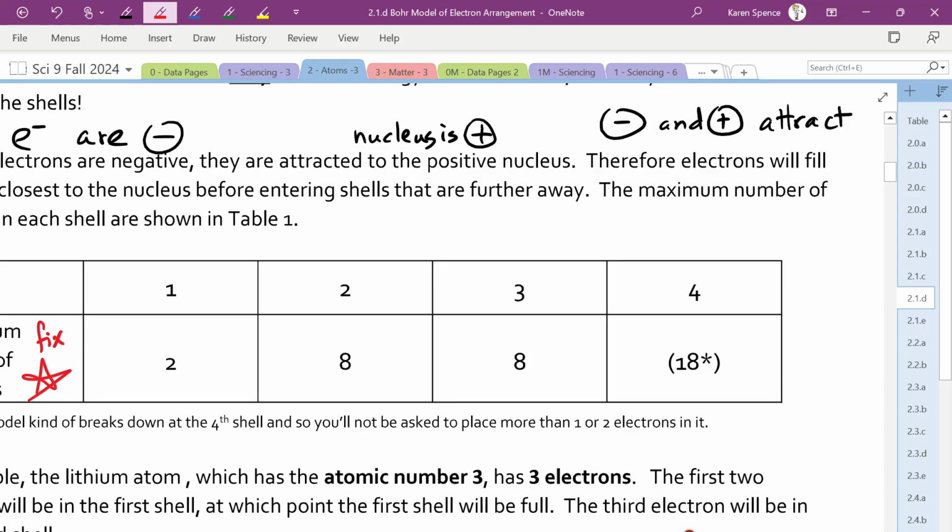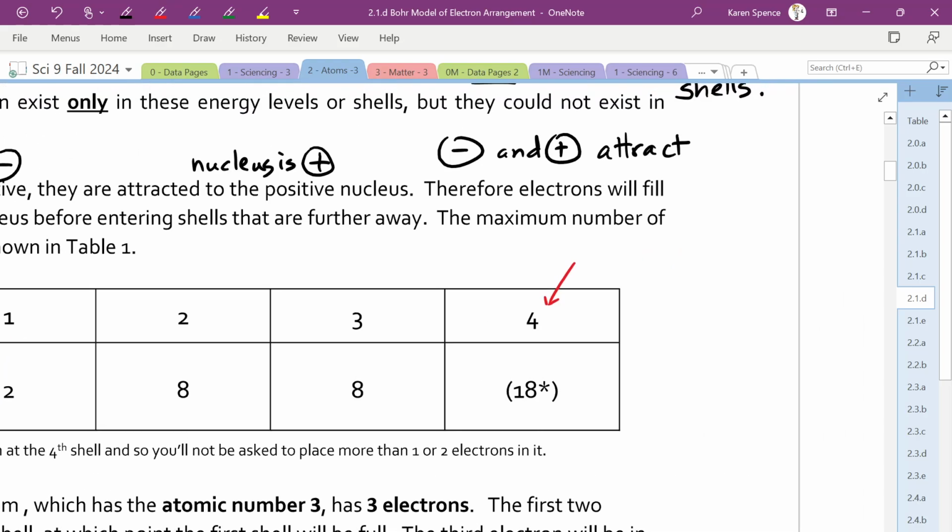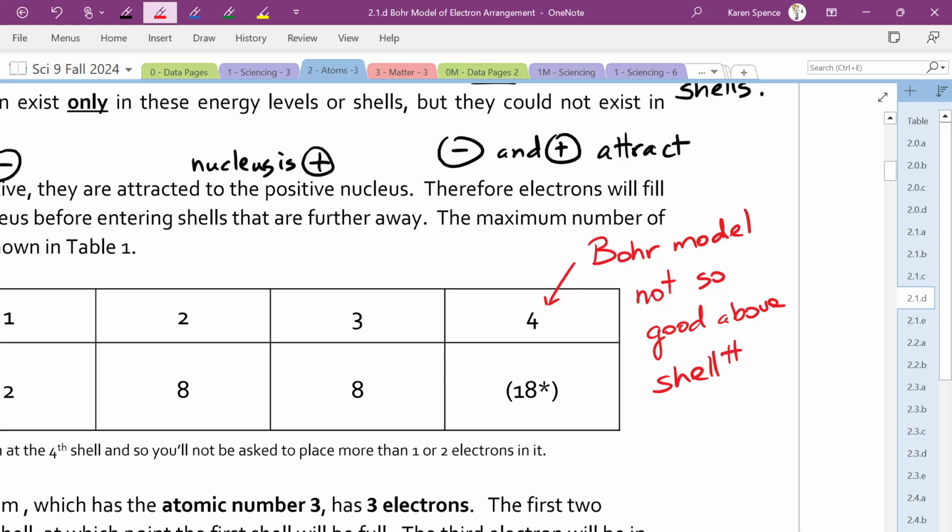Now, shell number 4, really the Bohr model falls apart. The Bohr model doesn't work very well after we put 2 electrons into shell number 4. In theory, it can kind of hold 18, but we would not draw a Bohr model for something that has more than 20 electrons. The Bohr model is not so good above energy level 3, above shell number 3.